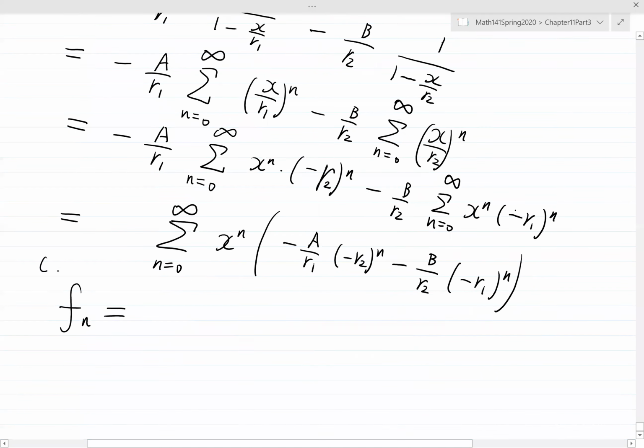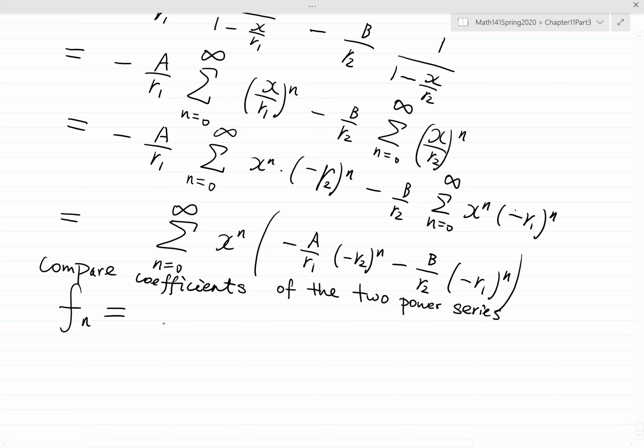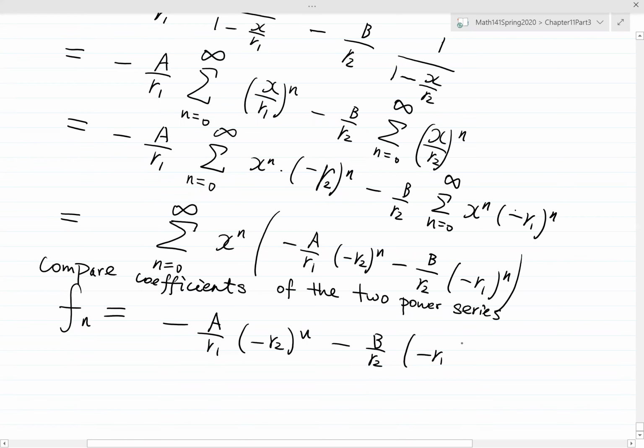You compare coefficients of the two power series. One is given by the generating function definition, and the other is given by what we just computed.